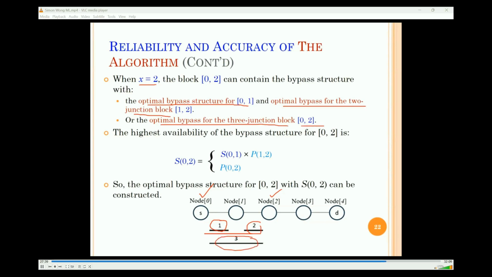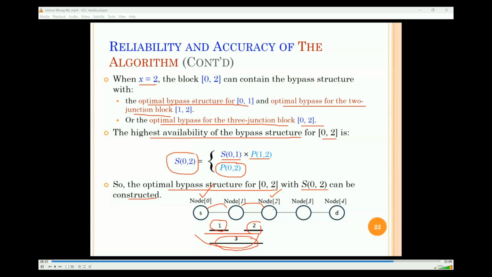And the highest availability for the bypass structure for 0, 2 can be the concatenation of these two optimal bypasses or one optimal bypass with this P, or two optimal bypasses, and we get this S value. So the optimum bypass for block 0, 2 with S02 can be constructed.